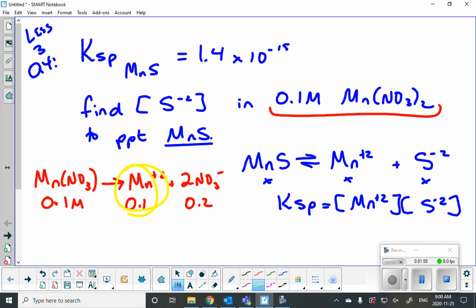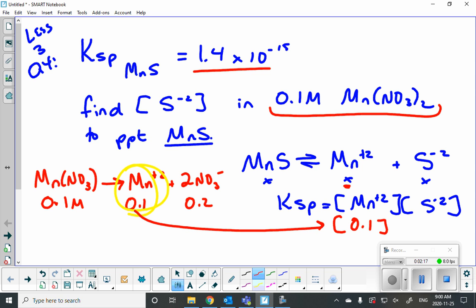Because in this solution with these 2 salts mixed together, the concentration of manganese is 0.1 molar. It'll be 0.1 plus the X that we get from manganese sulfide, technically. But I can tell from this very tiny KSP that that value for X is super small.